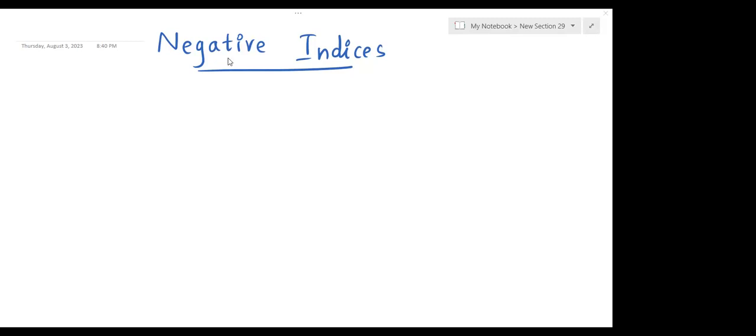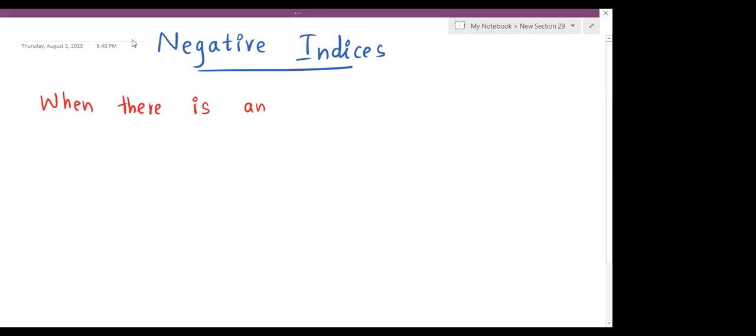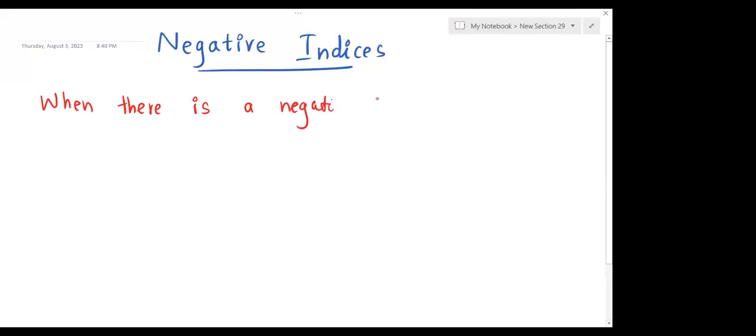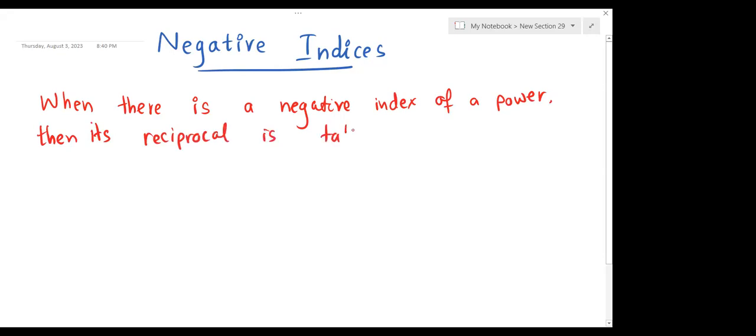Okay, let's write down. When there is a negative index of a power, then its reciprocal is taken to obtain the positive index of the power.